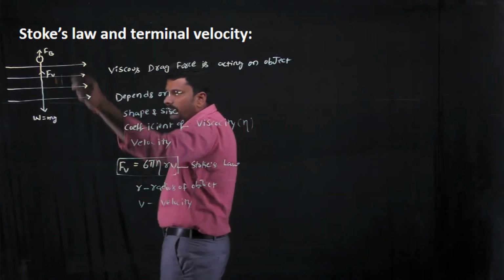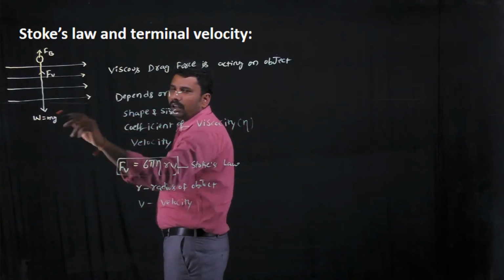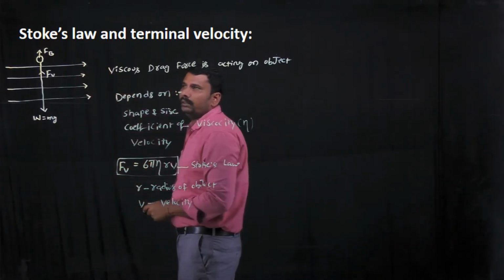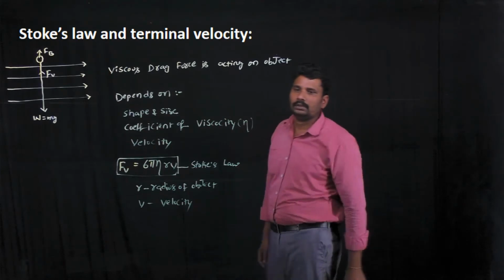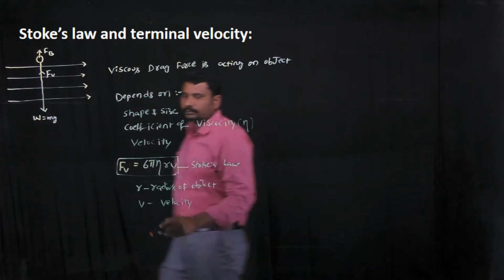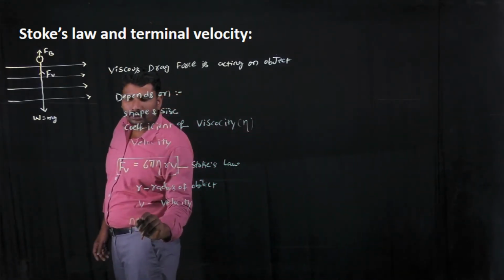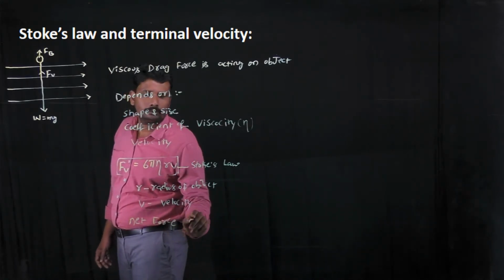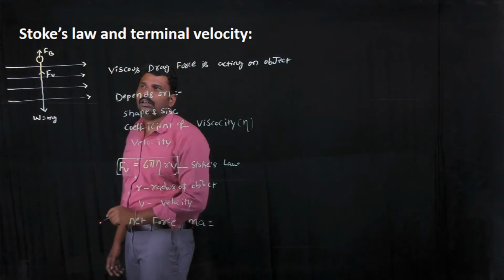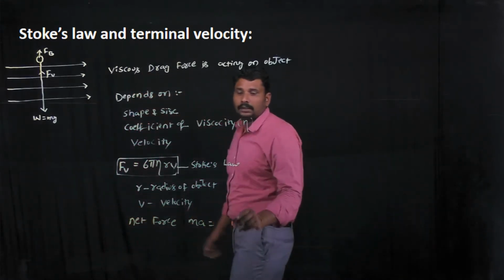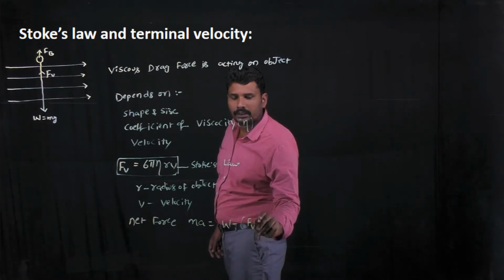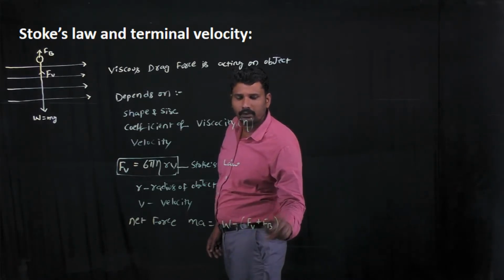Finally, the object falls down, which means the weight of the object dominates the sum of the viscous force and the buoyancy force. Due to this, the net force acting on the object is W minus the sum of the viscous drag force and buoyancy force.